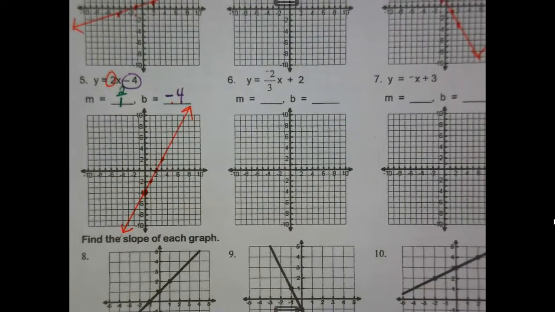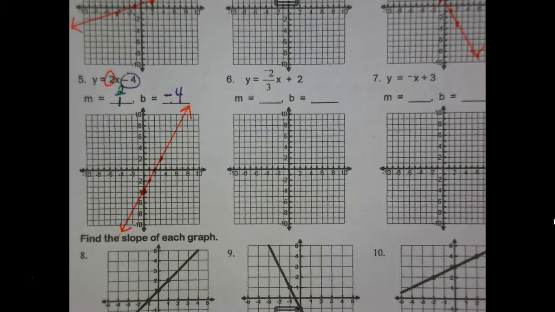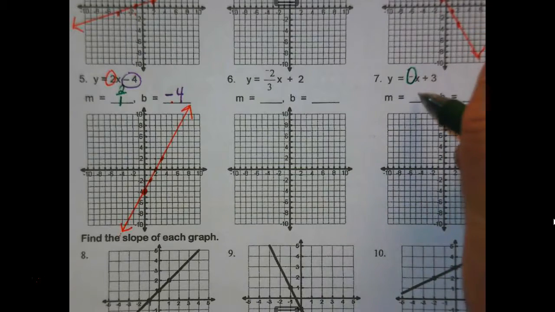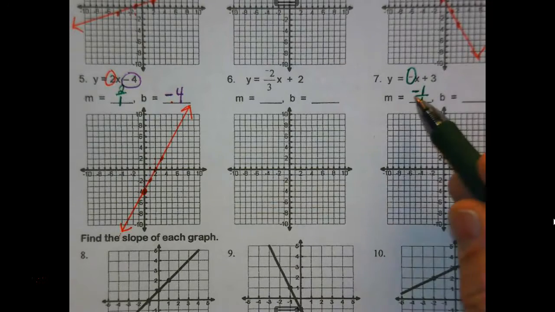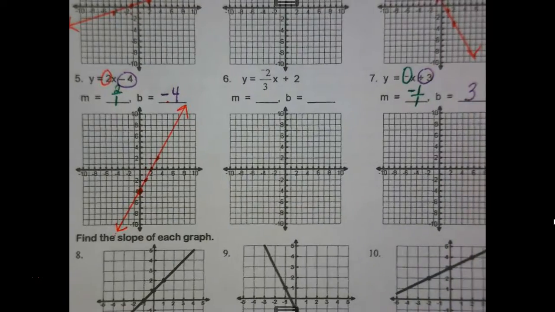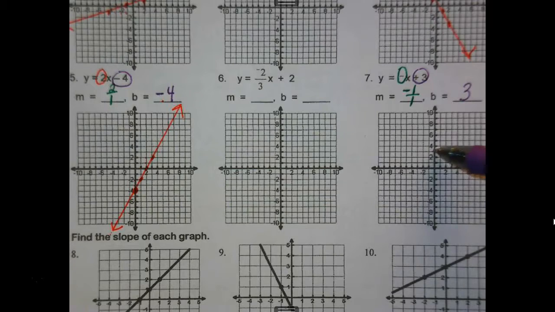Number 7. My slope is the coefficient of x. Coefficient of x is -1. Make it a fraction, put it over 1. I can also use 1 over -1. My y-intercept is +3, so start there. Use my slope.